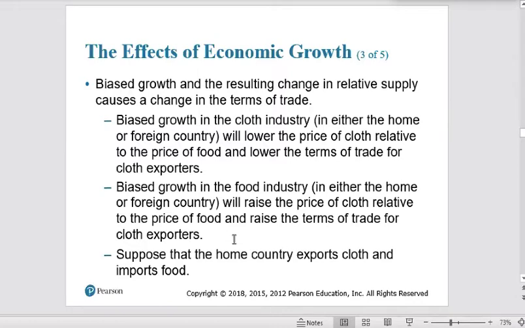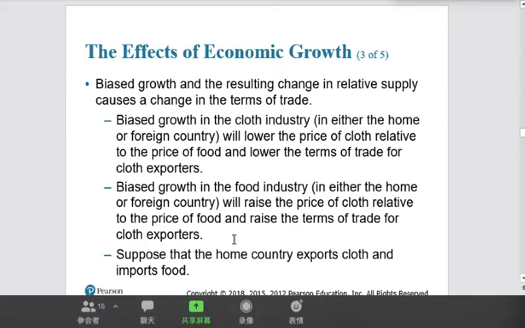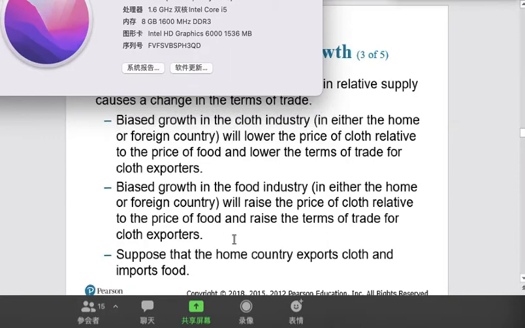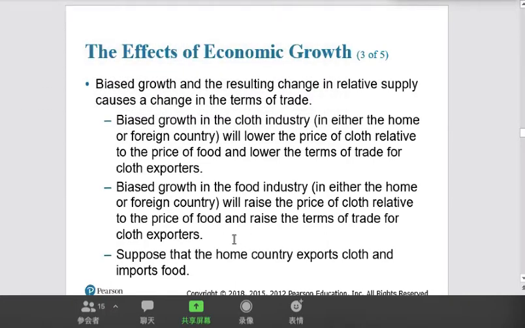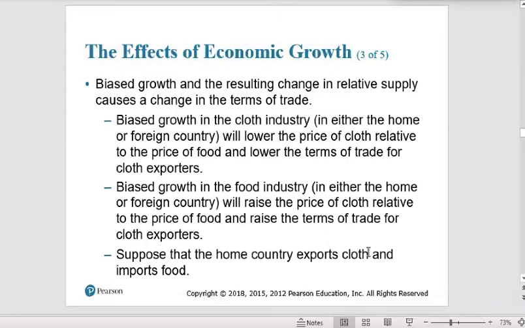Okay, so if the country is mainly exporting clothes, and then the country experiences something, maybe more rain or better fertilizers or something, that makes agricultural food cheaper, that will improve the country's terms of trade because it relatively increases the price of clothes for the country. As an exporter of clothes, this country will benefit.